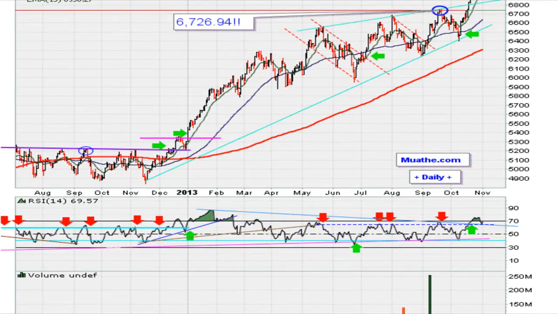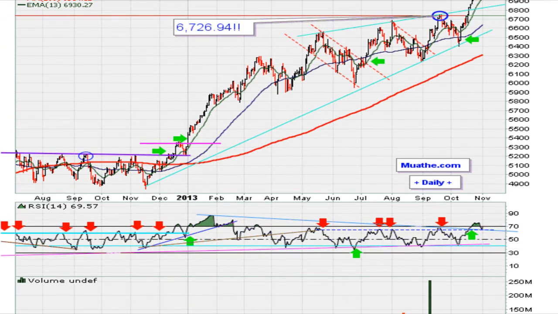Now, on the daily RSI, I was expecting resistance at this level, which was somewhere around here. The market took that level out, and what's going on is we broke out about this line here, came back, and we seem to be finding support back at this line.